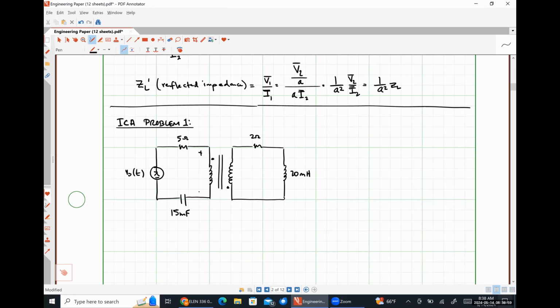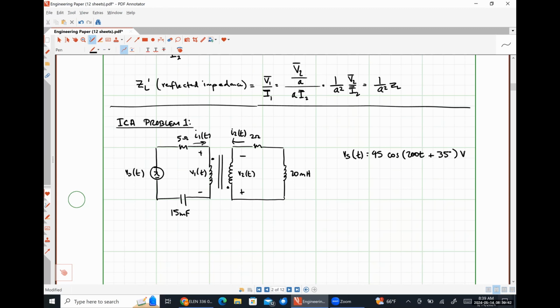I'm going to define my voltage V1 as my primary voltage like so, my voltage V2 as my secondary voltage like so, my primary current I1 like so, and my secondary current I2 like so, and Vs is equal to 45 cosine 200t plus 35 degrees volts.